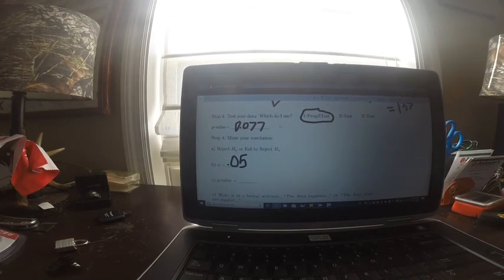But essentially, with the not equal to, what we wind up with here, I'll just rewrite it here, 0.077. Okay, so here, your P is greater than your alpha. If your P is greater than your alpha, you're going to fail to reject the null hypothesis.